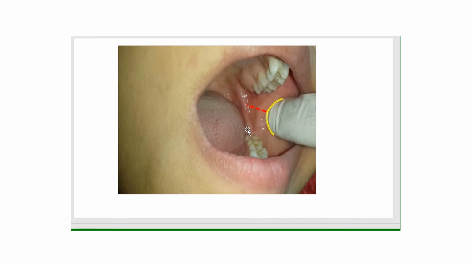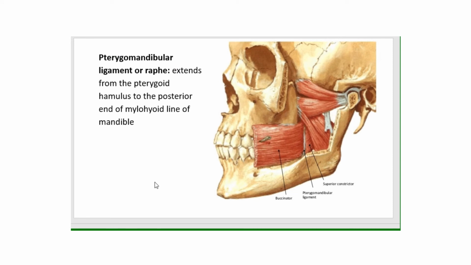It is a fibrous band of mucous membrane which separates two important muscles. This is the buccinator muscle and this is the superior constrictor muscle of the pharynx.